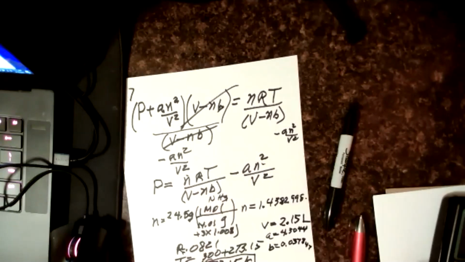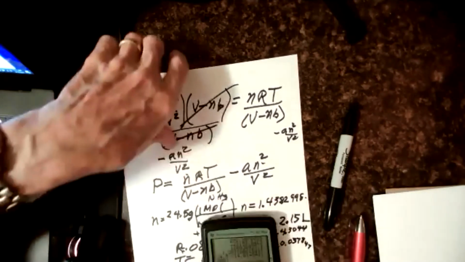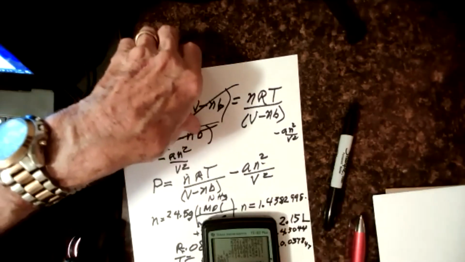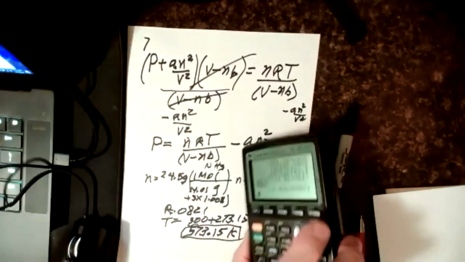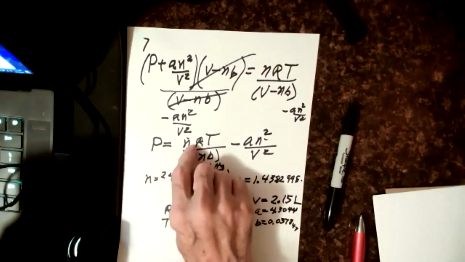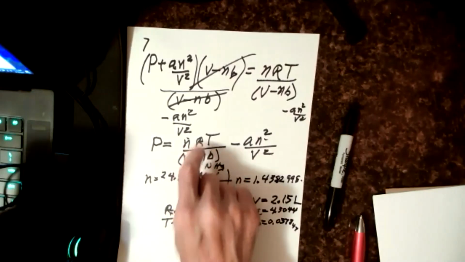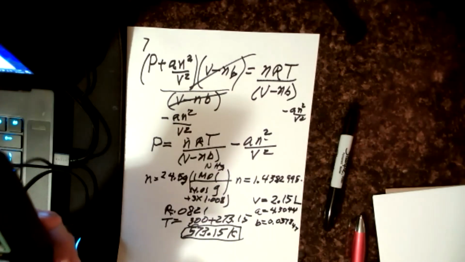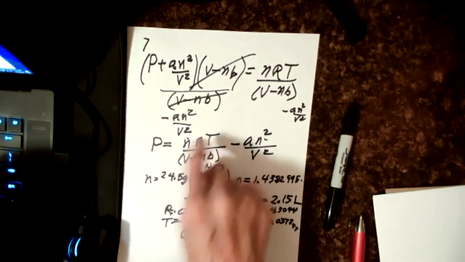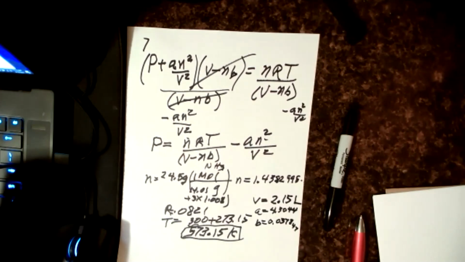Now this is a case where I've already got n in my calculator. I don't want to round it off. I want to use the number I have. So I've got that in my calculator. I need to multiply it by R. So I just say times R, 0.0821. I want to multiply it by T, times 573.15.